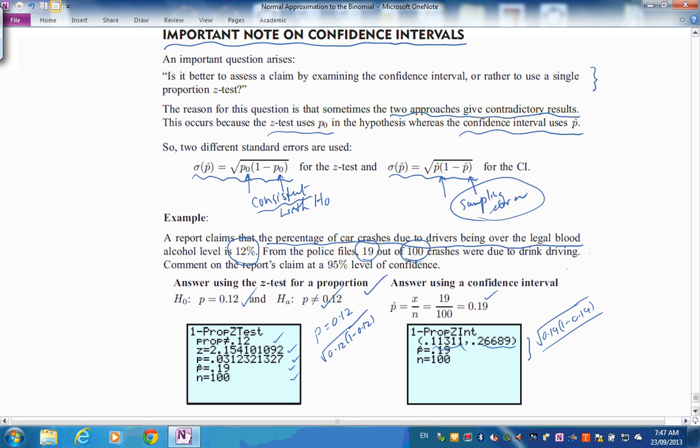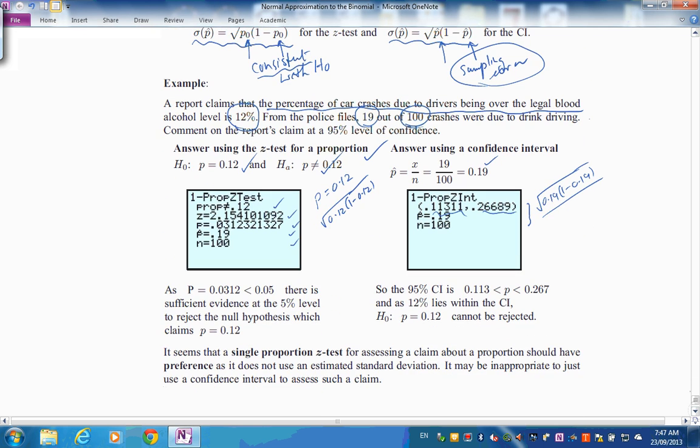What's the difference here? We have a little bit of a difference, because 0.0312 is less than 0.05, and the interval is 0.113 up to 0.267. So here the Z-test says reject, and the confidence interval says the 12% lies in there.